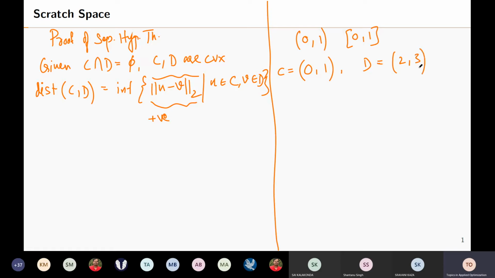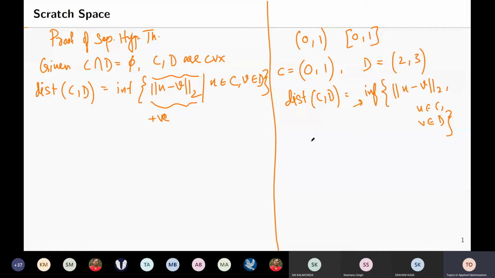Now, what is the distance between these two sets? The distance between C and D is the infimum of the set of points, the norms of U minus V, where U is in C and V is in D. So what is the infimum in this case?